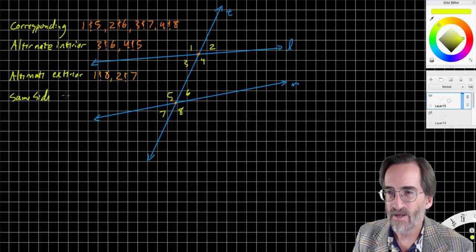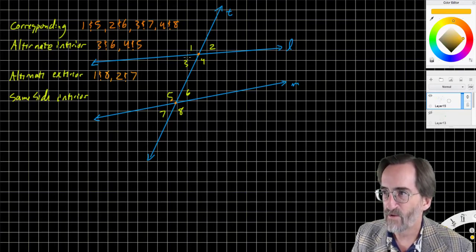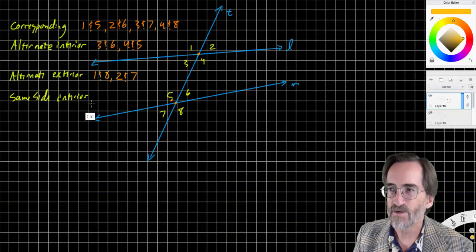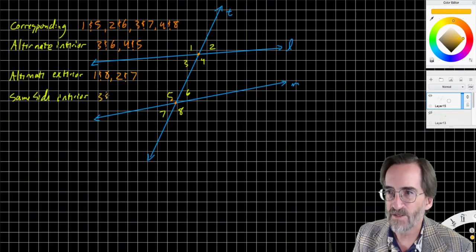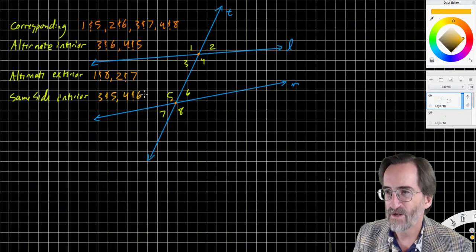Same side interior are on the same side, like 3 and 5, they're both on the left, but they're interior, they're between the crossed lines. So 3 and 5 are same side interior, as well as 4 and 6, same side on the right side, interior, 4 and 6.